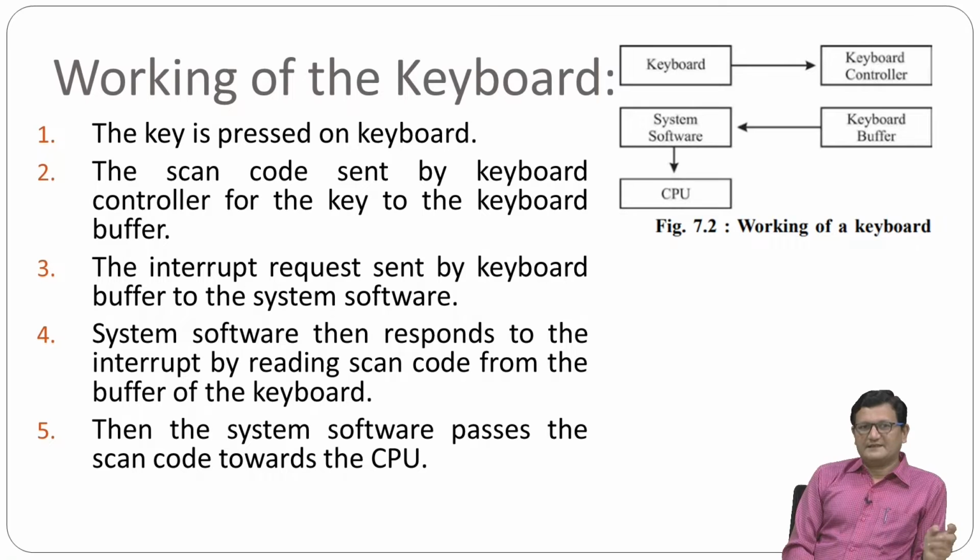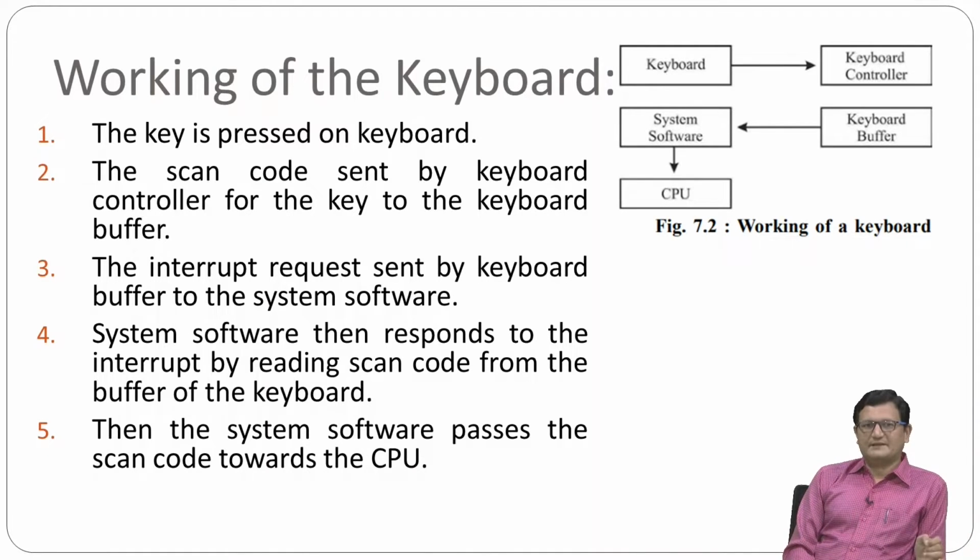Second, the scan code is sent by the keyboard controller for the key to the keyboard buffer. In the system there is one buffer, one memory, which records which key you have pressed, and that is called the keyboard buffer. Whenever you press a key, the signals go to that keyboard buffer.